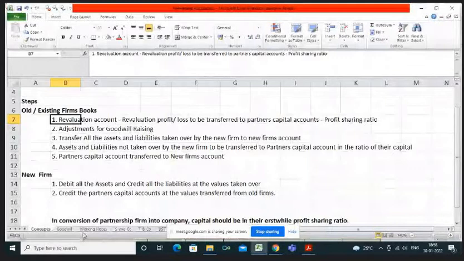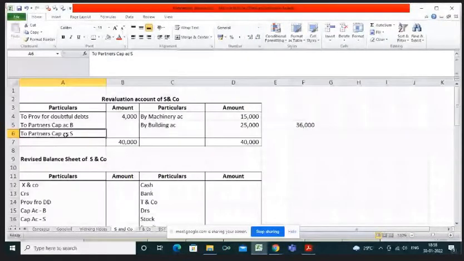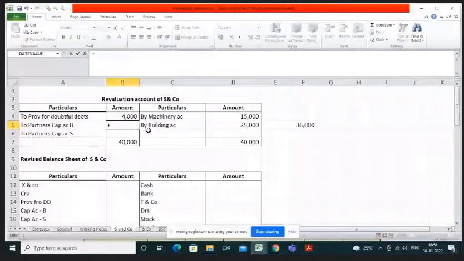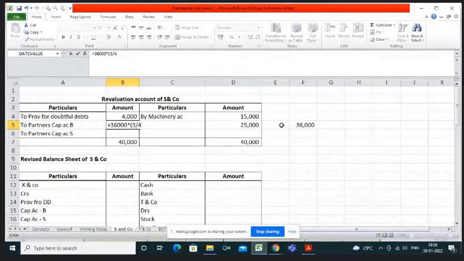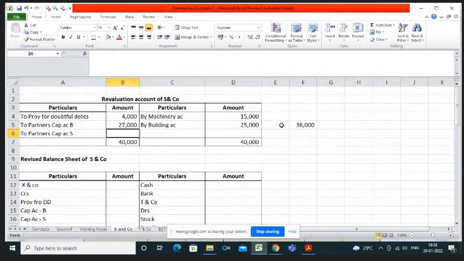So I transfer this profit to partners B and S in the ratio of 3:1. In the case of partner S, it is 36,000 total revaluation profit into his profit sharing ratio 1 divided by 4.